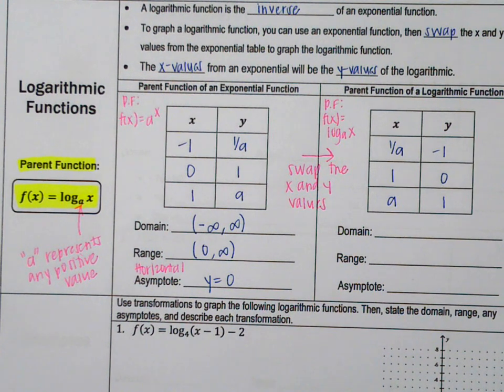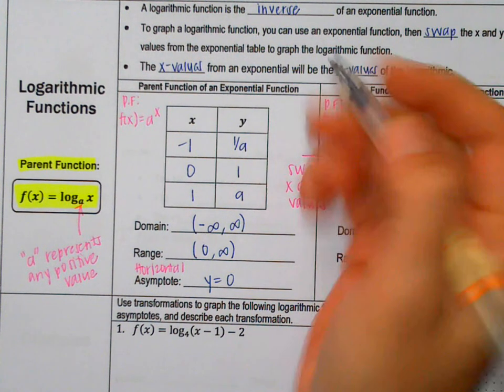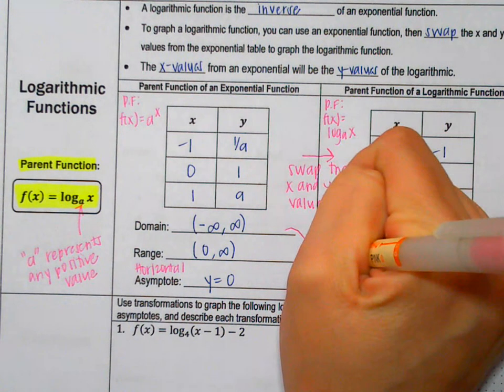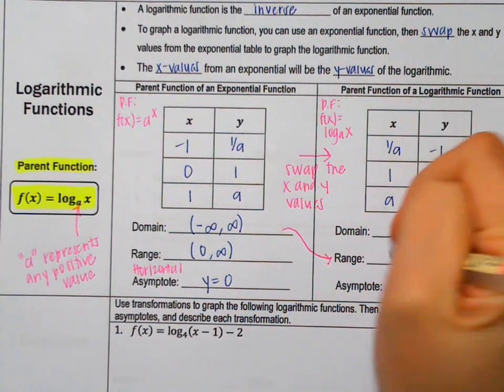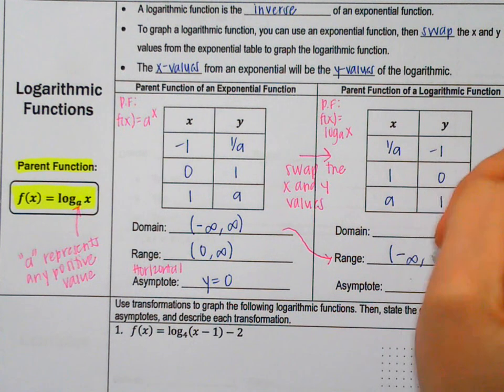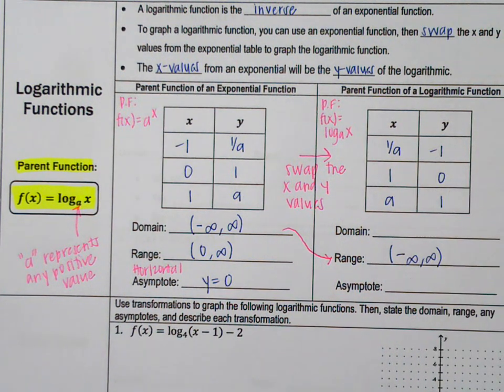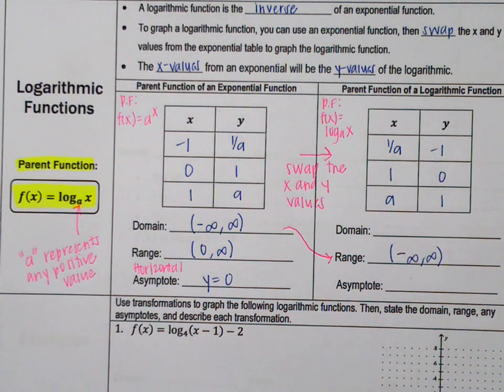Now, to find the domain and range, just like we did before with the inverse, the range of the inverse is the same as the domain. So for a logarithmic, the range is going to be all real numbers. Remember, the inverse is just swapping the x and y values. The domain looks at my x values, and when we swap, those are my y values. And then just the opposite.